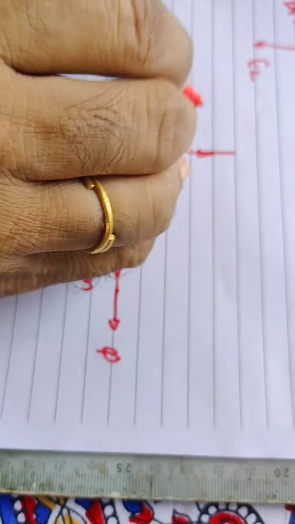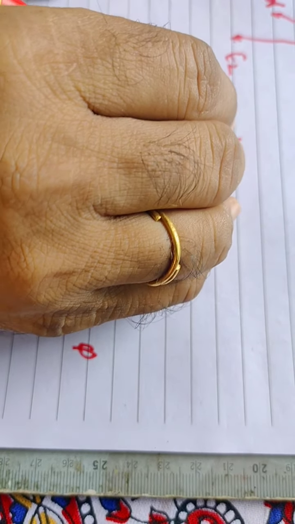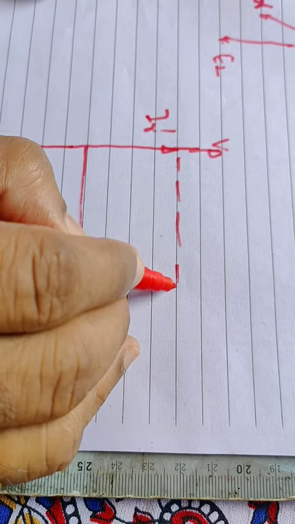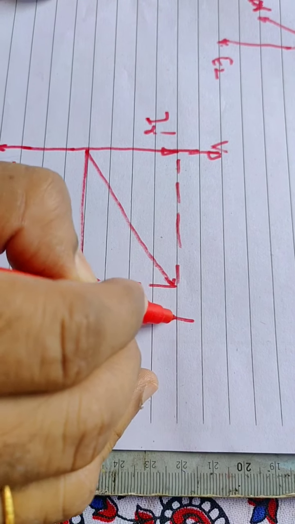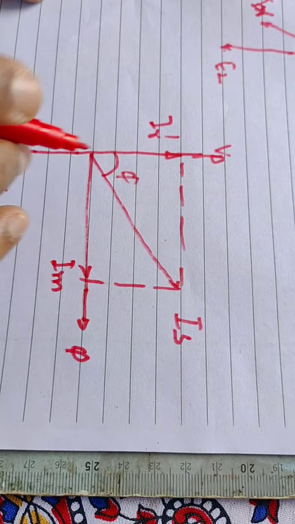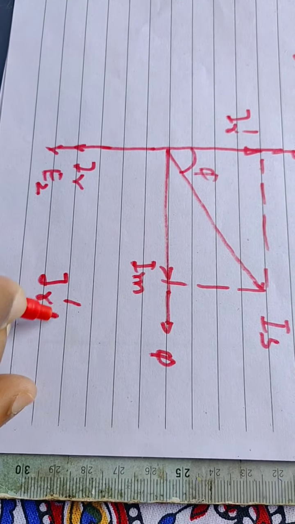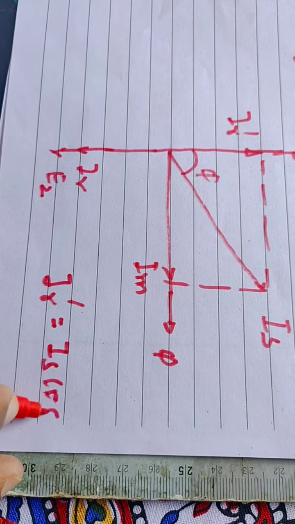IR prime is opposite to this, reflected in the rotor circuit. This is V, and the phasor sum of IR dash and Im is nothing but stator current Is, and this is the power factor angle phi. So from this IR dash is equal to Is cos phi.